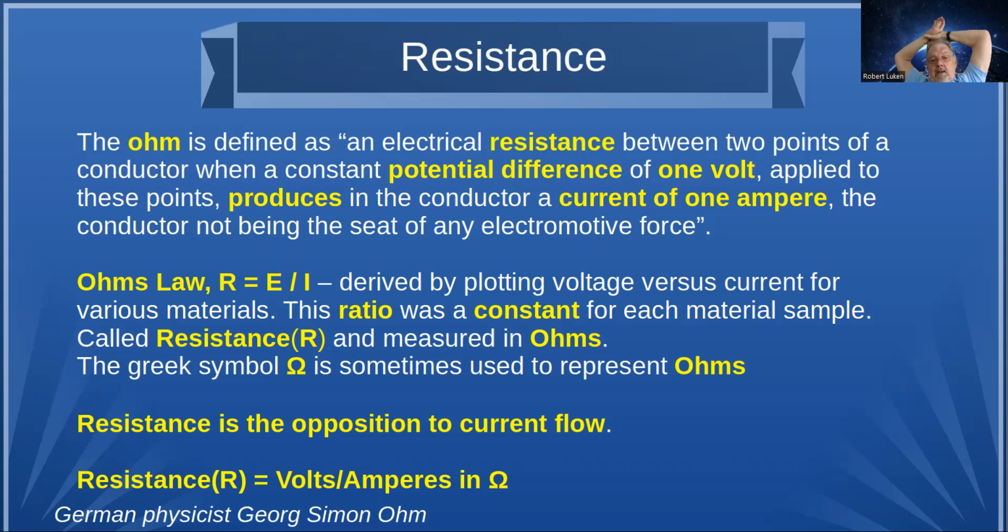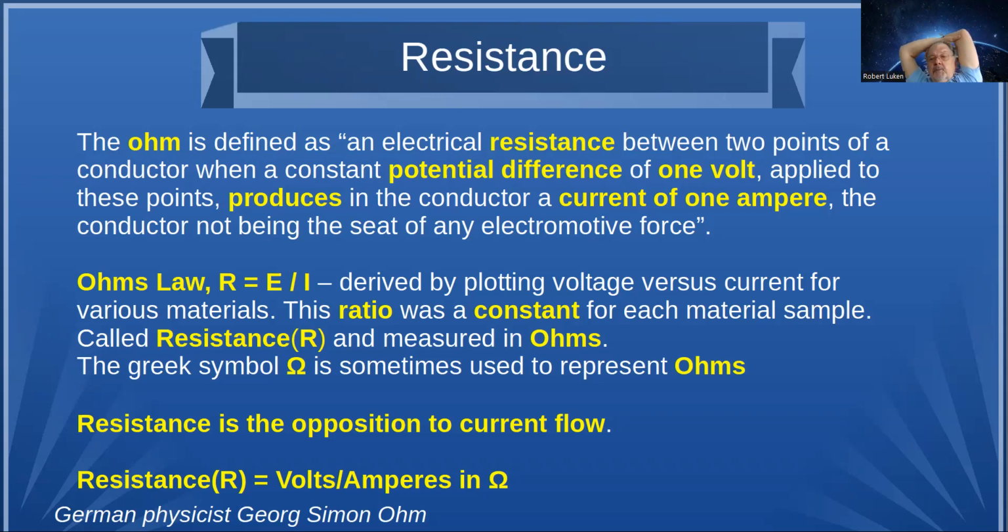And the way Mr. Ohm determined that was just a lot of experimentation. He sampled various materials and set it up and applied a voltage across it and measured the resistance.